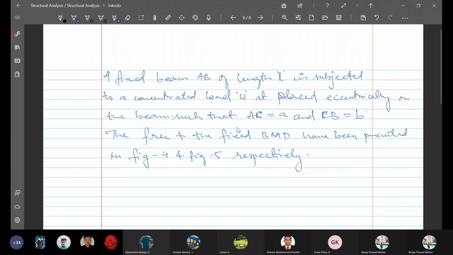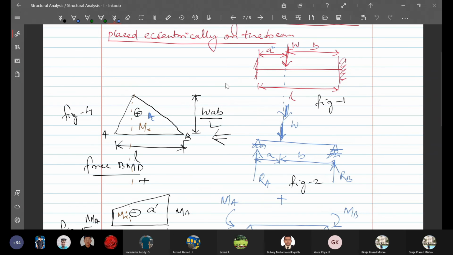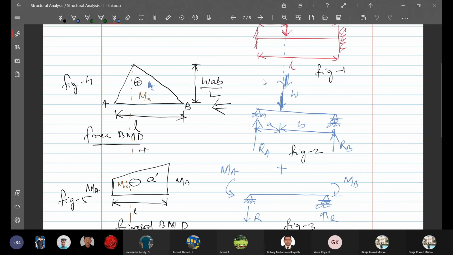So here, no doubt, the beam is not symmetric, it is not loaded in a symmetric manner. Still, the area of the free bending moment diagram and the area of the fixed bending moment diagram will be the same, from our theory.